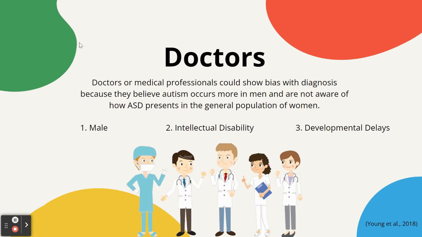And so it's less likely for a young girl to be diagnosed with autism if she is having these types of developmental delays. And along with that, if a young girl has an intellectual disability with undiagnosed autism, then that is seen as her sole diagnosis and not autism. Boys are more likely to be considered to have autism with an intellectual disability than girls.